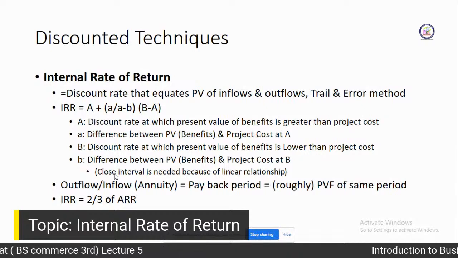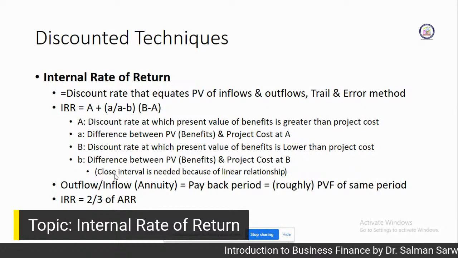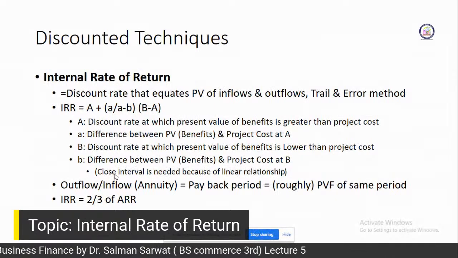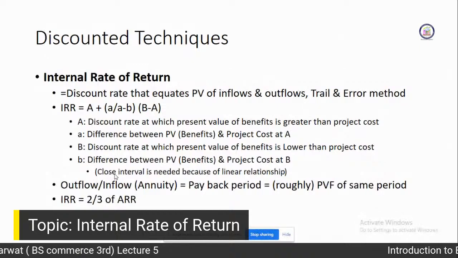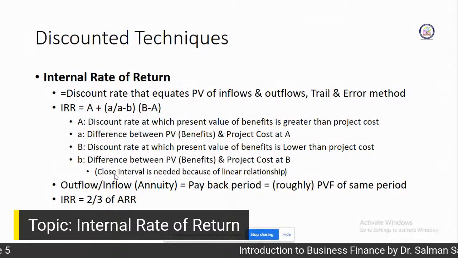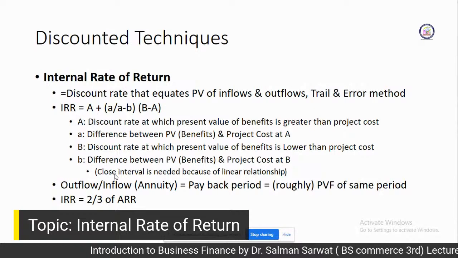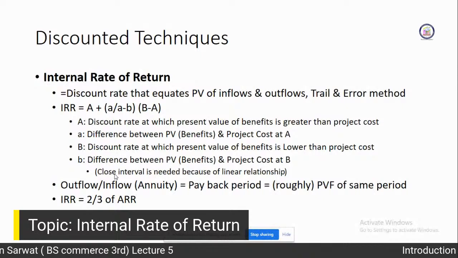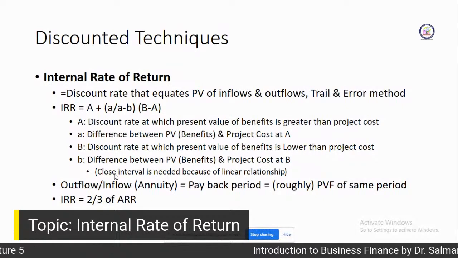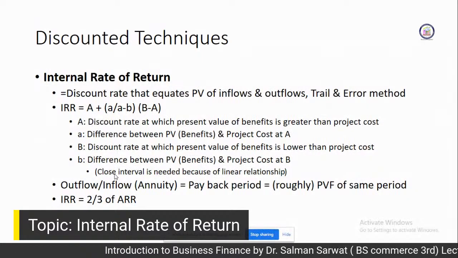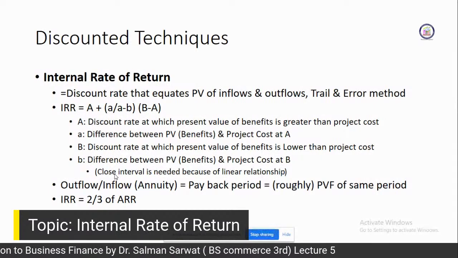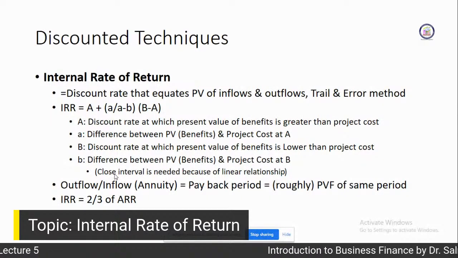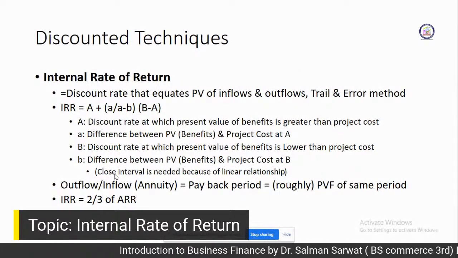Small a is basically the difference between the present value of benefits and the project cost at capital A, the amount of positive NPV. On the other hand, capital B is the discount rate at which you get negative NPV, and small b is representing the amount of negative NPV.